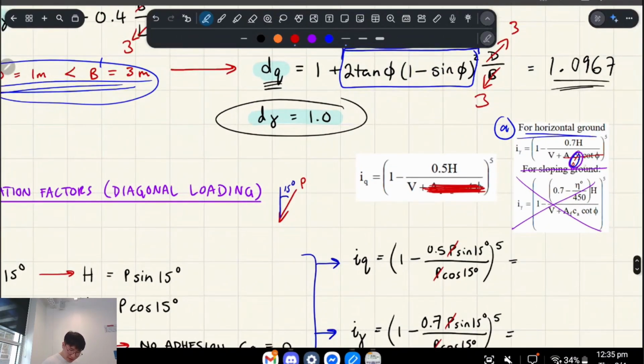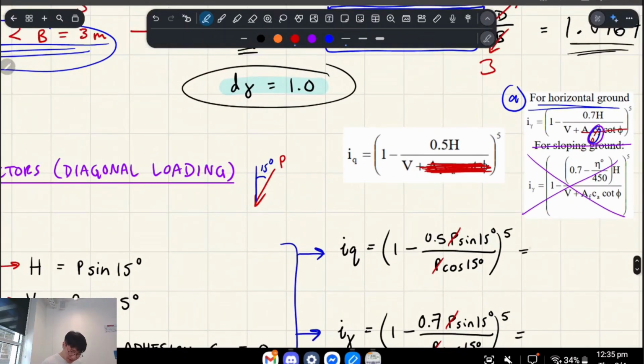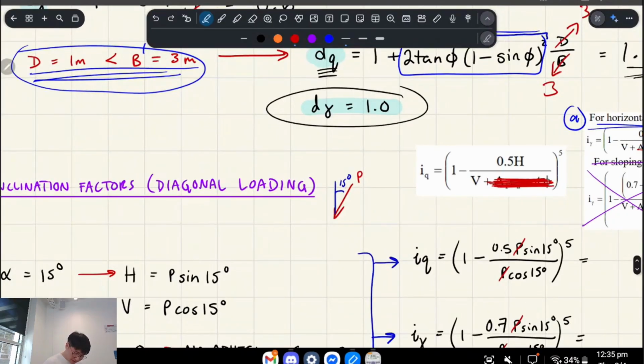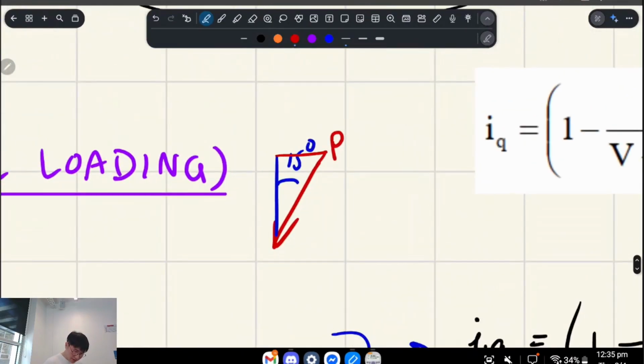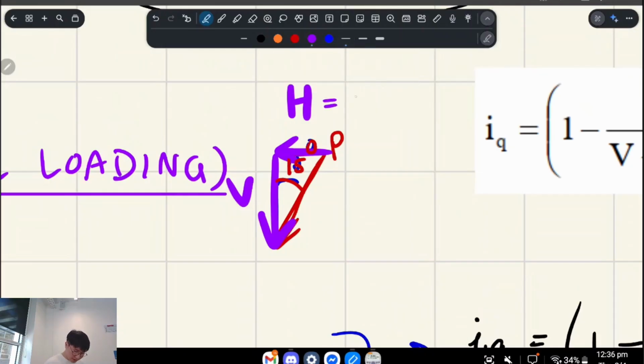If we ignore our adhesion, so if we have 0 adhesion, this formula simplifies by quite a bit. If you think of the right angle triangle of force components, we have our vertical component and our horizontal component. If this angle is 15 degrees, our horizontal component is the opposite side, so P sine 15.